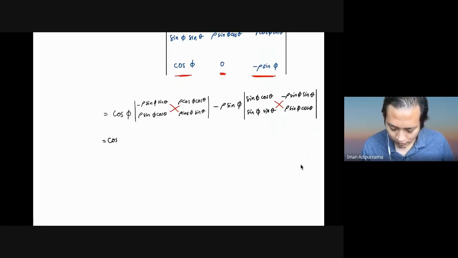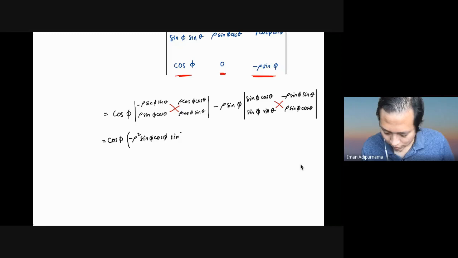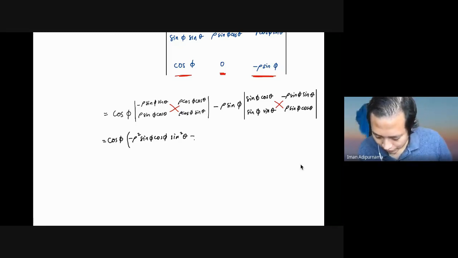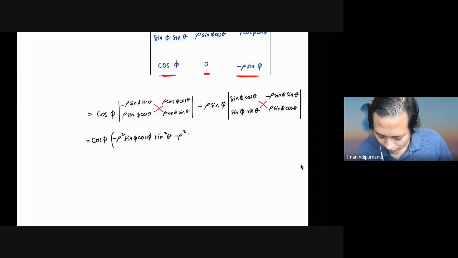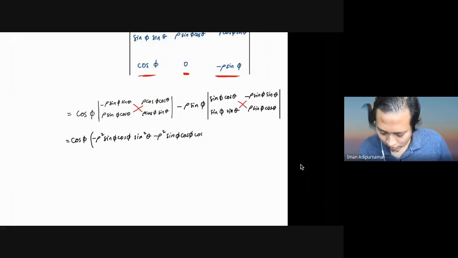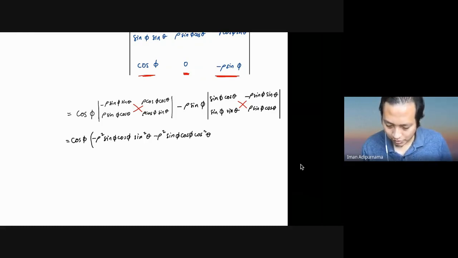Cos psi now will be negative rho squared sine psi cos psi sine squared theta, and then negative rho squared sine psi cos psi cos squared theta. It's pretty good because it has the same element, right?